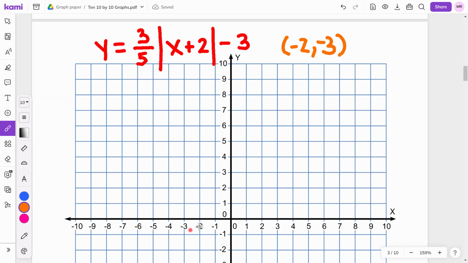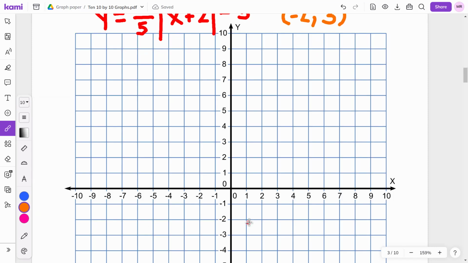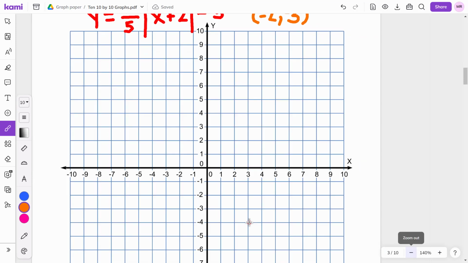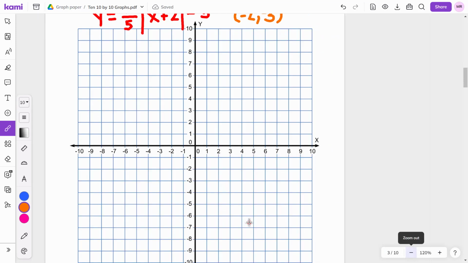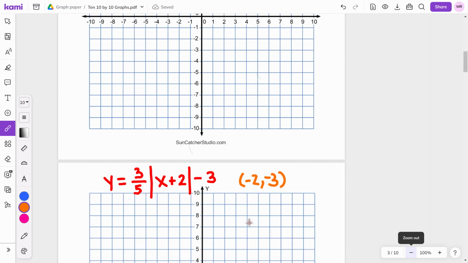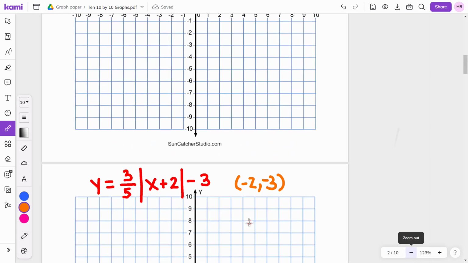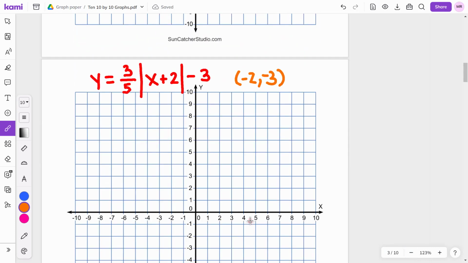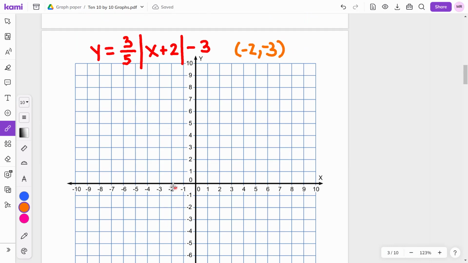I'm going to go to -2 because of this, -3. So -2, -3 is going to be right down here. And then my stretch is 3/5.